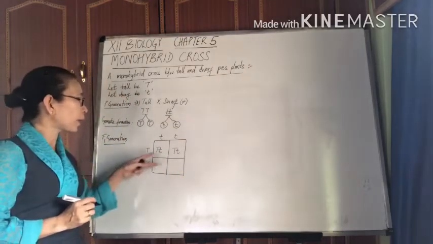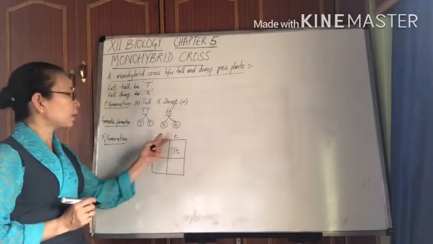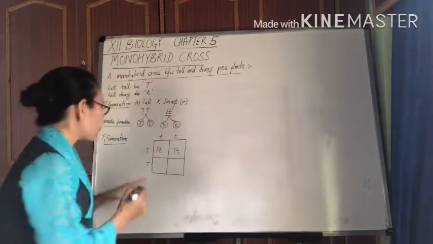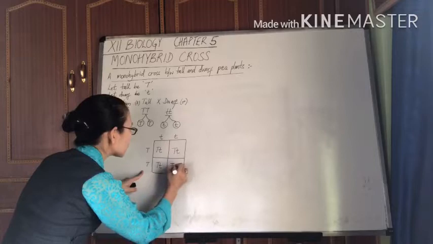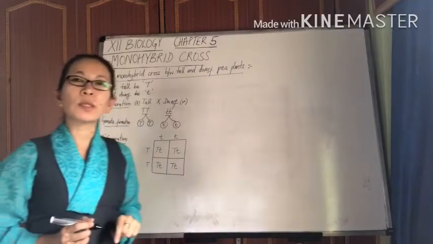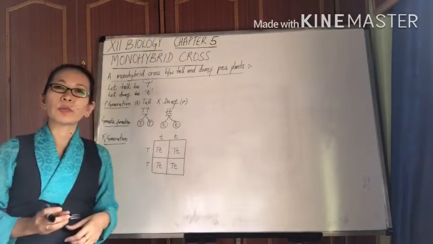So basically we have the same kind of combinations here, because both of the alleles of the male and female gametes are the same. So here again we have capital T small t, capital T small t. In this way we have completed the 4 possible genotypic combinations for the F1 offspring.